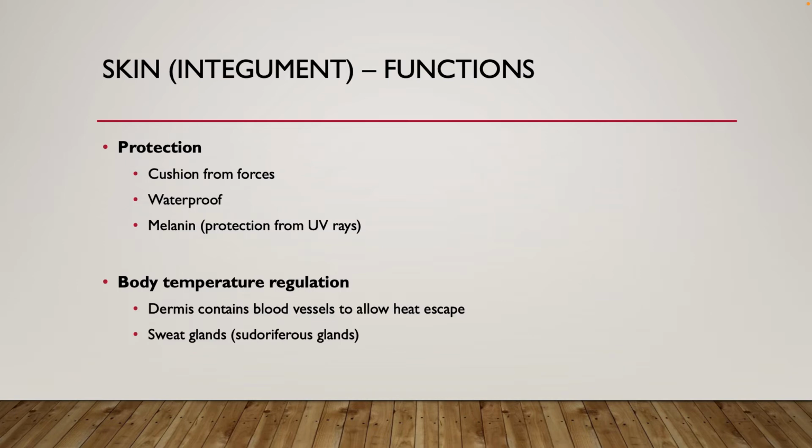And you can imagine, if you will, for a second, if our vessels become larger with an increased surface area, that allows more area for our blood and blood vessels to dissipate heat and thus to help with our body temperature. And so we see this happening during times when our internal body temperature increases. And we can also have our sudoriferous glands or sweat glands begin to secrete sweat. And sweat is largely water based. It also has some salts in it.